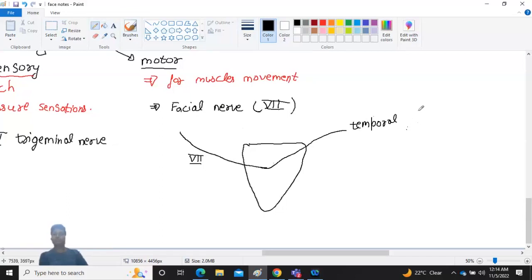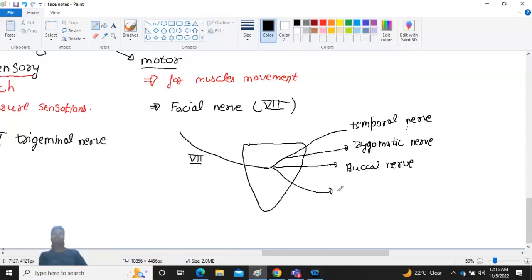One is the temporal nerve. Another is the zygomatic nerve. Then another is the buccal nerve.